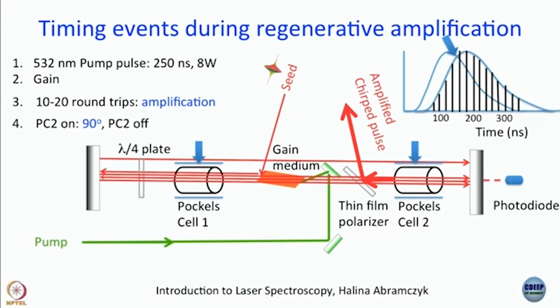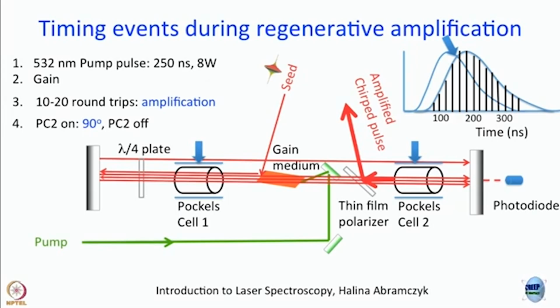It is kept in the cavity by a combination of the same λ/4 plate and a Pockels cell, and then after the required number of round trips, it is switched out of the cavity by the second Pockels cell. So, a design of a regenerative amplifier where we have two Pockels cells.